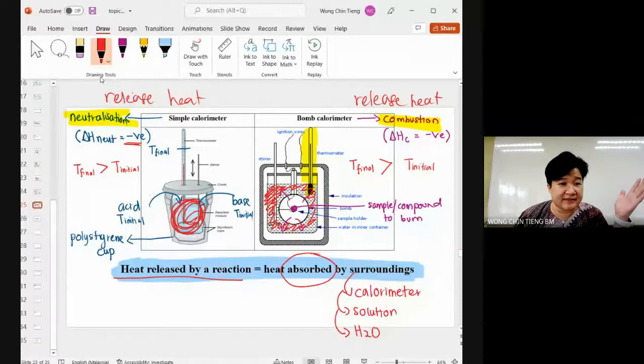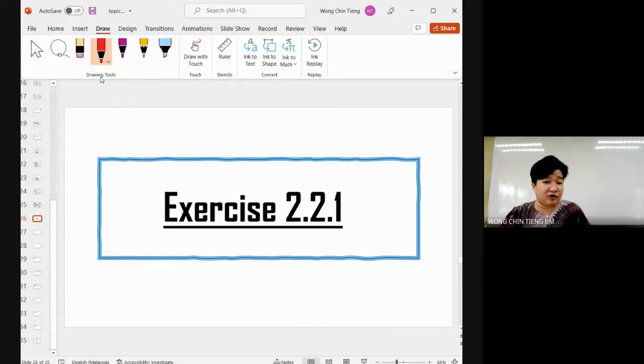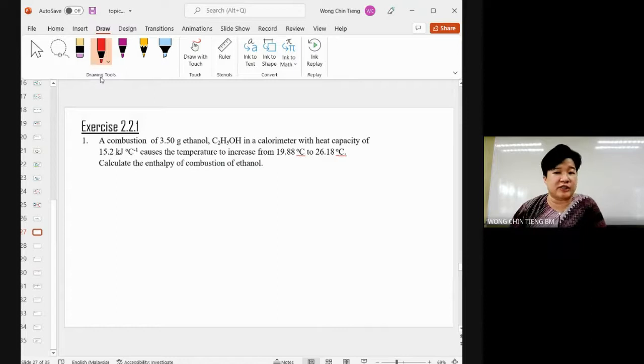The heat release right now is absorbed by who? So this is the thing that we are going to look at, and that's it about your calorimeter. Senang. 10 minutes discussion about the theory. Itu je lah. So going into your question.